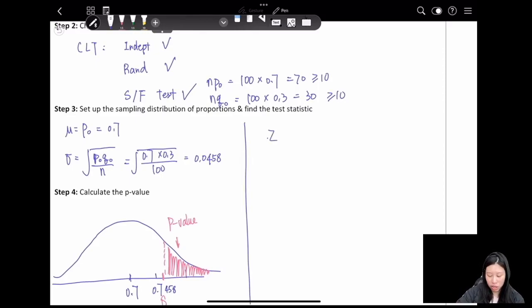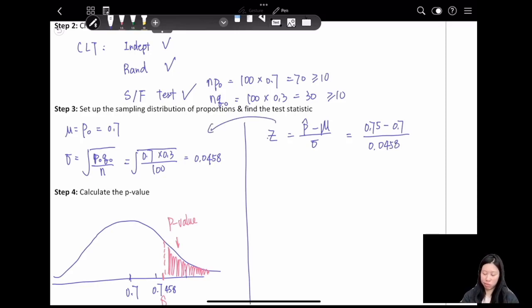The test statistic is z equals p hat minus p naught divided by sigma. Why is this p naught? Because we want to subtract our mu, which is our p naught. So we have 0.75 minus 0.7 divided by 0.0458, which we calculated from the previous step.